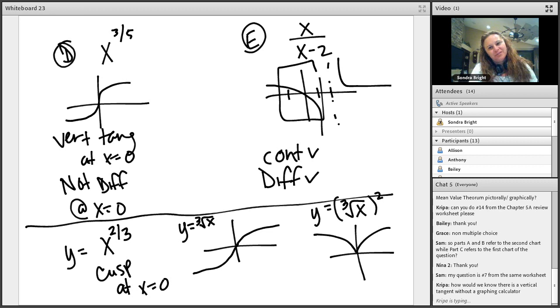It'll probably be an easier function is all I'm going to say. But you do need to know how to figure out when a function satisfies the mean value hypothesis versus not. And that's the whole continuous and differentiable.